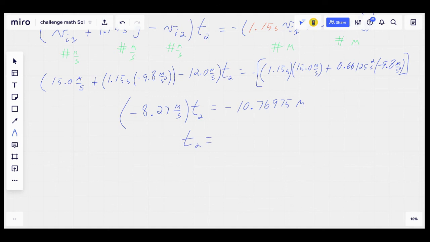Divide both sides by negative 8.27, and we get a time of positive 1.30 seconds.